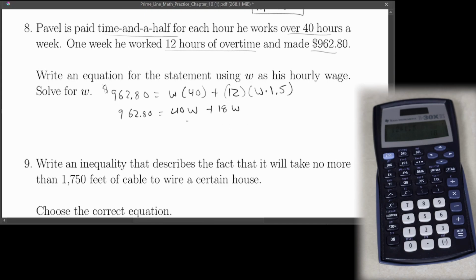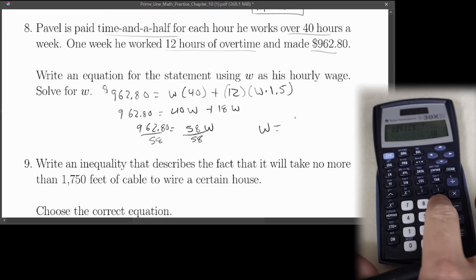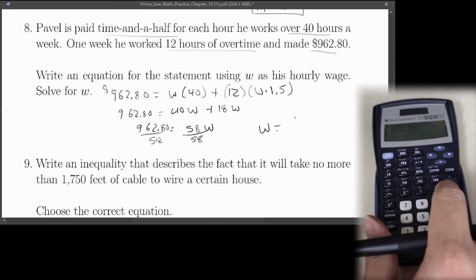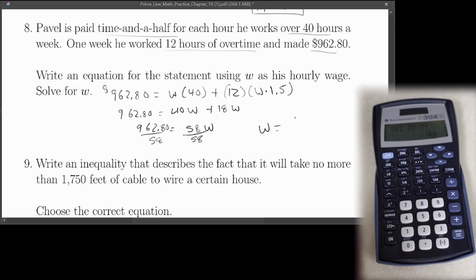We can combine the W's and get 58W equals 962.80. Divide by 58. And his wage equals 962.80 divided by 58. And we get 16.60.